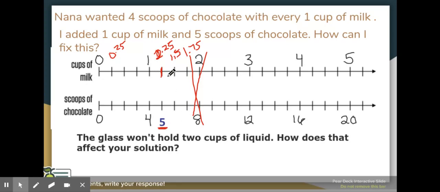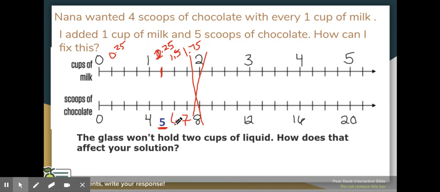So we have a few different solutions depending on how many scoops you want in your chocolate milk. If he wanted to keep the 5 scoops, he would just have to add 0.25, or a quarter, more cup of milk.